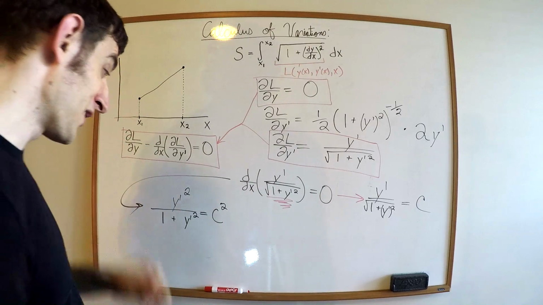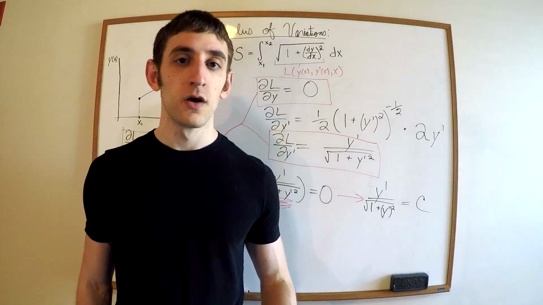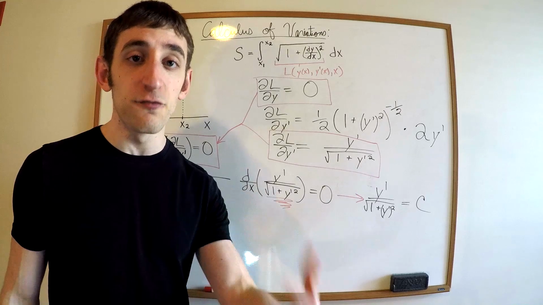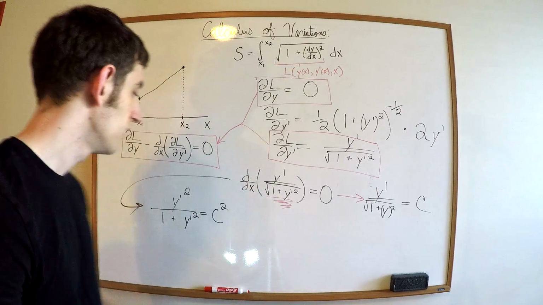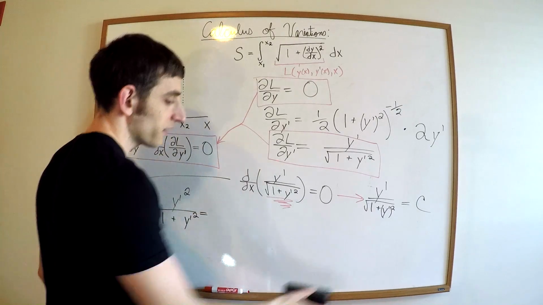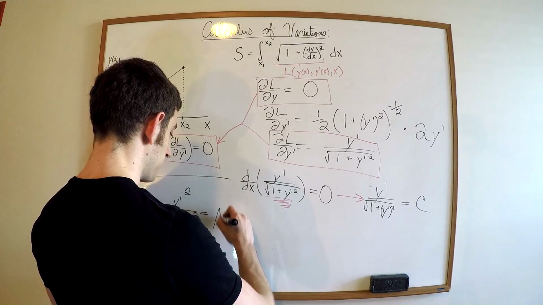Now, the important thing to realize is that if you take a constant and square it, you get a constant. For example, 2 squared is 4, and 4 is still a constant. So we can take this c squared and write it as a different constant. I'm going to write it as a.